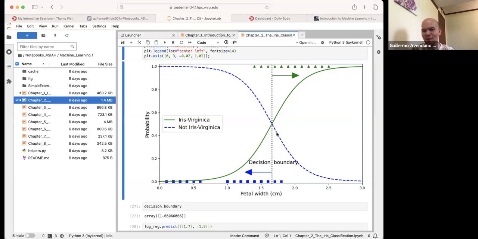If we move to the right, we will get fewer wrong elements on the non-Virginica side, but we will increase the number of misclassifications on the Iris Virginica side, the triangles. We will increase the number of green triangles that we misclassify. On the other side, if we move to the left, we will decrease the number of misclassified green, but we will raise the number of misclassifications here on the blue.